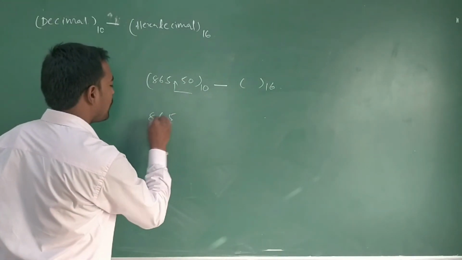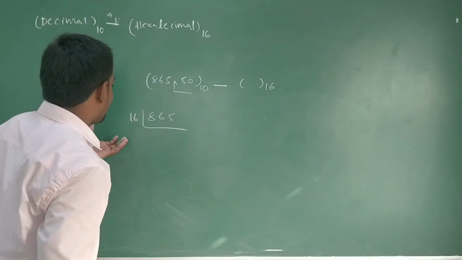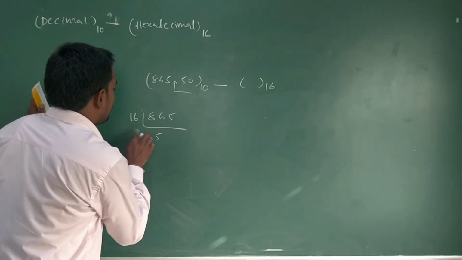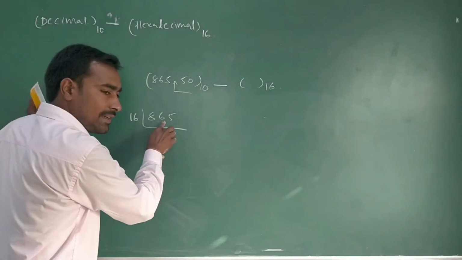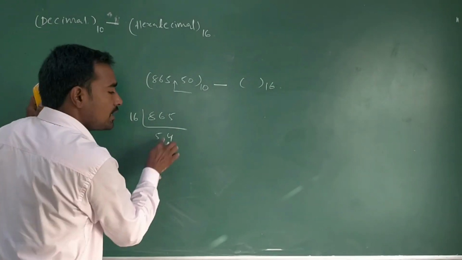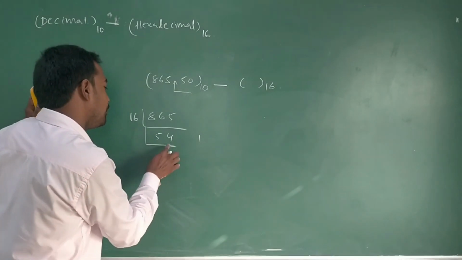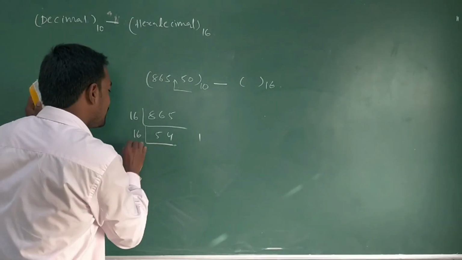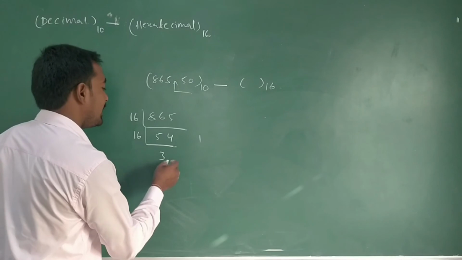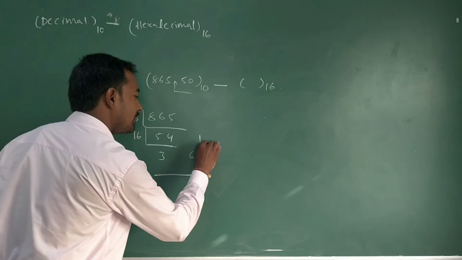That is 865, and we have 16. 16 ones are 16, 16 fives are 80, and here the remainder is 6, and 16 fours are 64, and the remainder is 1, and again 54 will be divided by 16: 16 threes are 48 and the remainder is 6. So here we are getting the equivalent 361.